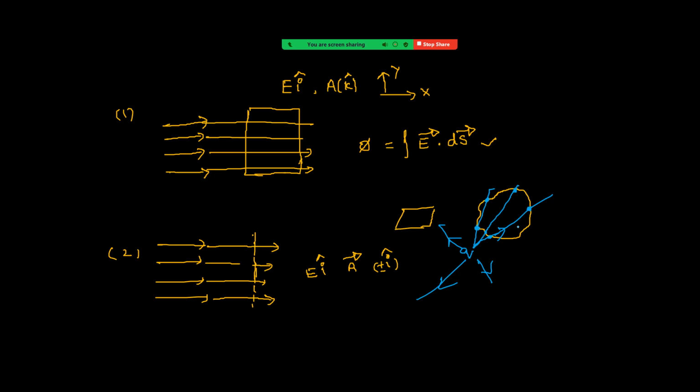I'm repeating. We have taken a closed surface and a charge outside the surface. Any field line that is entering is also leaving. Okay, that means the electric flux through a closed surface due to outer charges is zero.